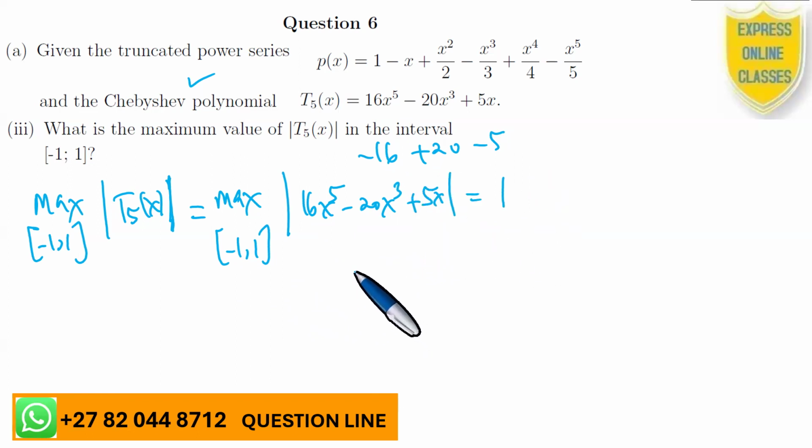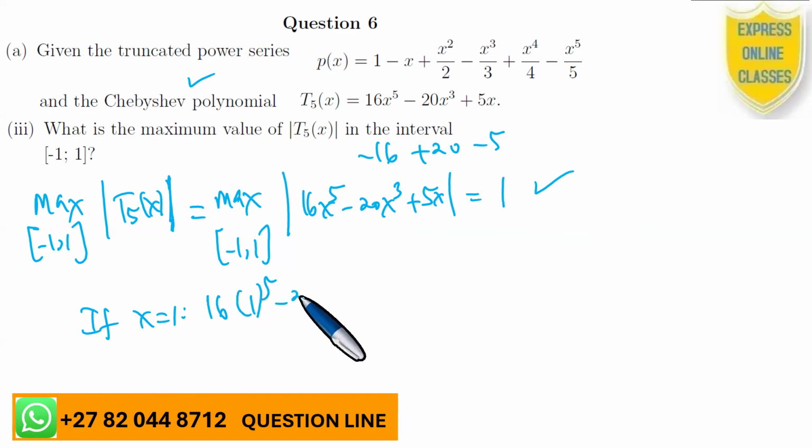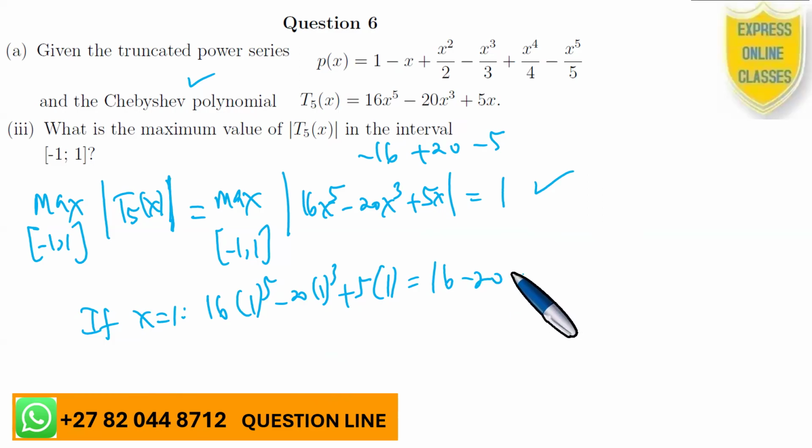So either way, we're getting a 1. Because if x is 1, you'd have 16 times 1 to the 5th power minus 20 times 1 cubed, plus 5 by 1. Okay, so it's 16 minus 20 plus 5, which is 1.